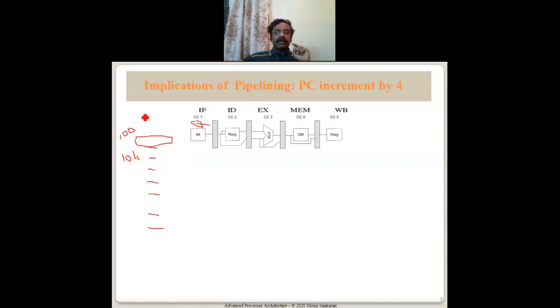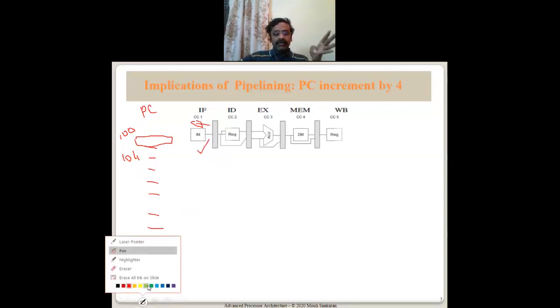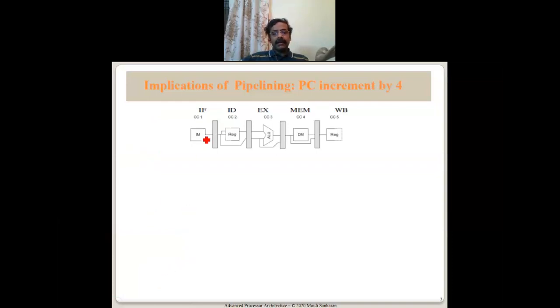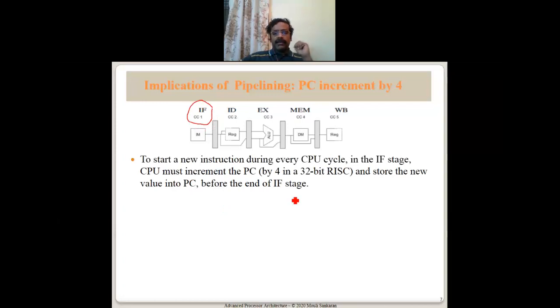Normally the register which holds the address of the instruction is the PC, the program counter. Because of the pipeline, every cycle I need to make sure the PC is incremented by 4. Otherwise it will not be ready for the next instruction fetch cycle.